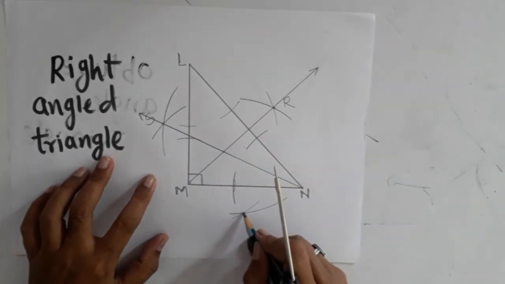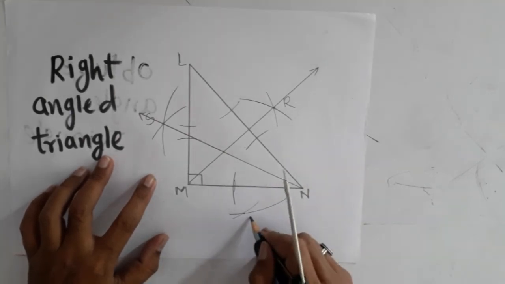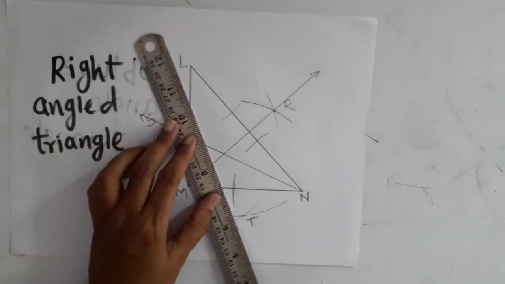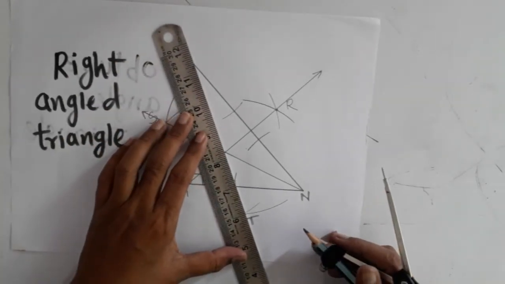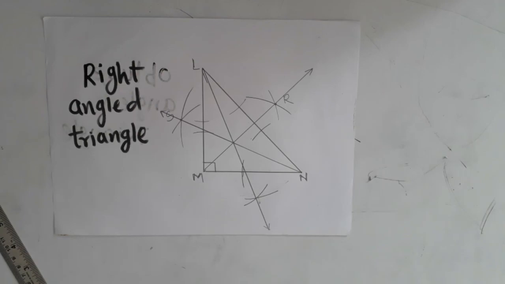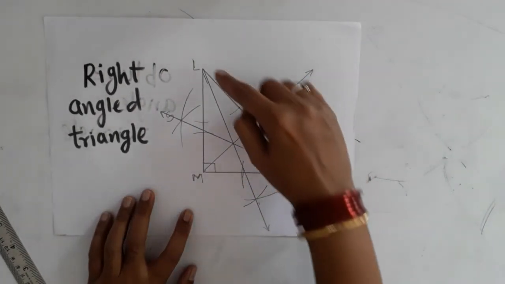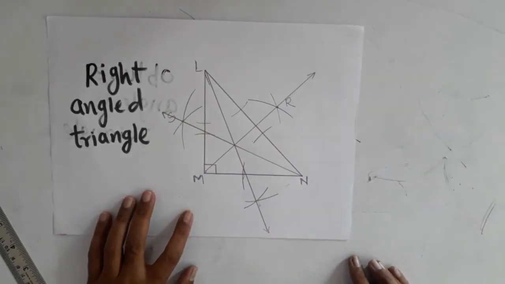See, this point we consider this point is T. Join L and T. So this is the third angle bisector of angle L.